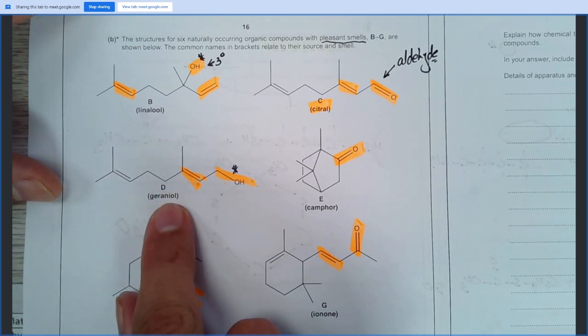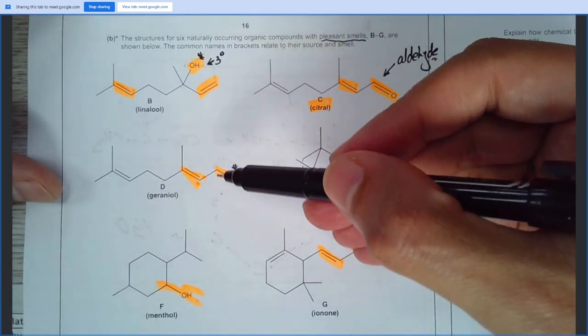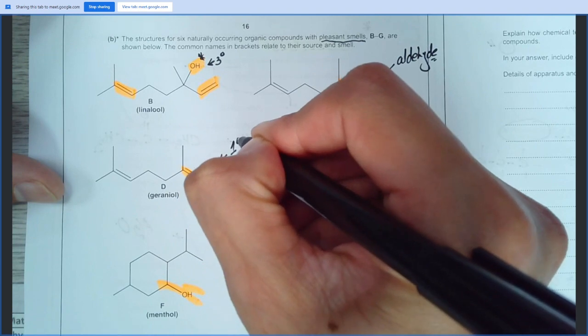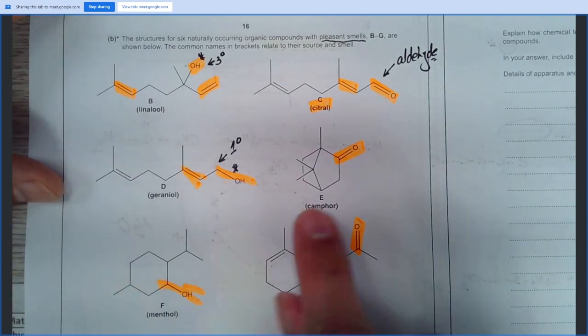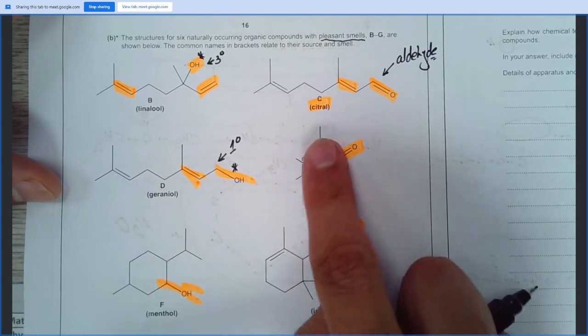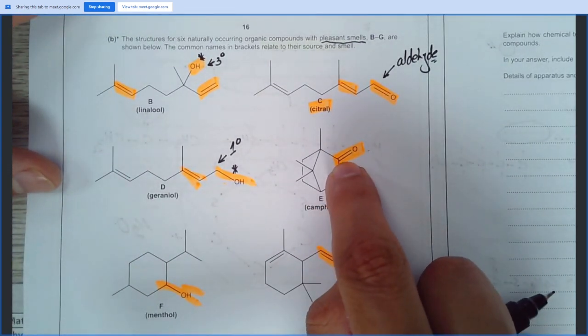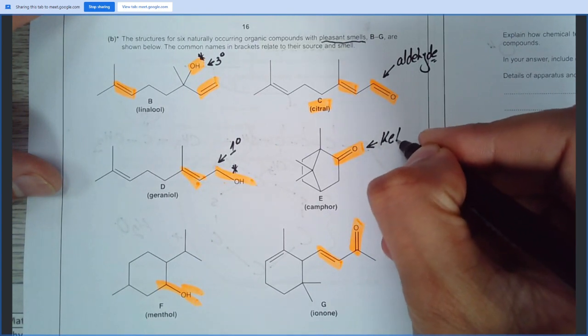Moving forward, when I look at D, D contains a double bond, so I can say on this carbon atom there will be 2 hydrogens. If I can see 2 hydrogens in this case, this will now be my primary alcohol. Agreed? Okay. Next one here, I don't have a double bond now, so bromine water will not give me a positive test with this. But I do have C double bond O here, so I can say this will be my ketone.